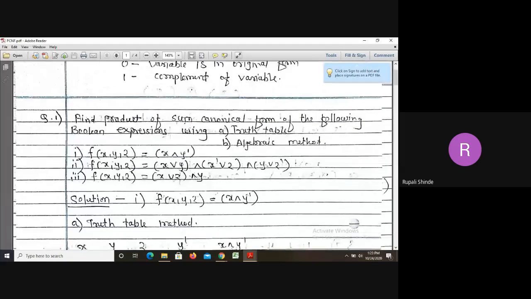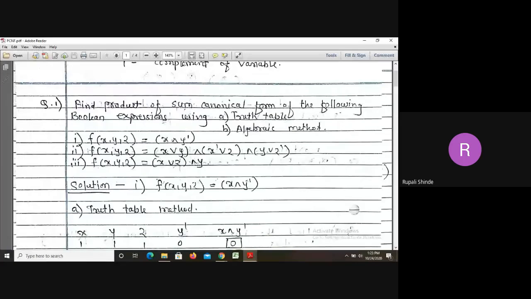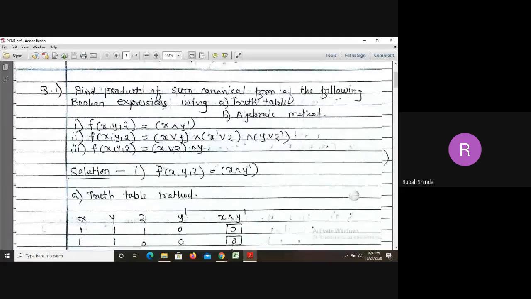The first function is f of x, y, z equals x and y's complement. This 'and' is similar to star, so we can use either star or this and symbol. This function consists of three variables x, y, z. So first we are going to solve this using a truth table.